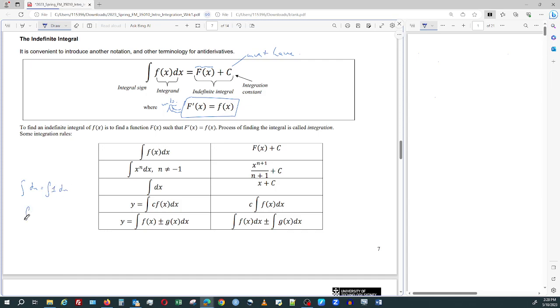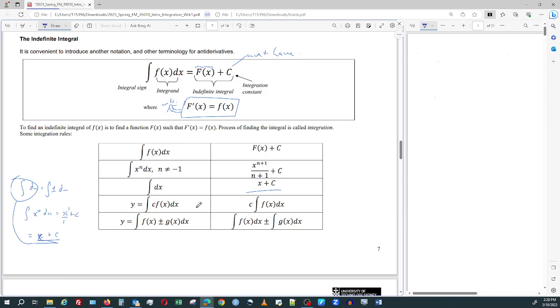The integral of the number 1 with respect to x is x to the power 0 dx. Doing the integral would be 1 over 1 plus c, so we would get x plus c. So this conjured the variable.